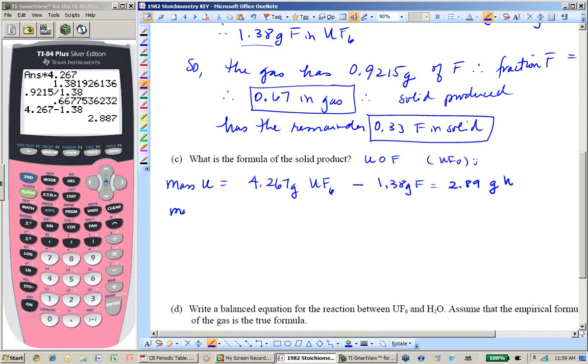And then the mass of the fluorine is going to be equal to the 1.38 grams of the fluorine in UF6. The fraction, a third of it roughly, ends up in the solid. So that is 0.46 grams of F. And then the mass of O is what remains. It's the rest.